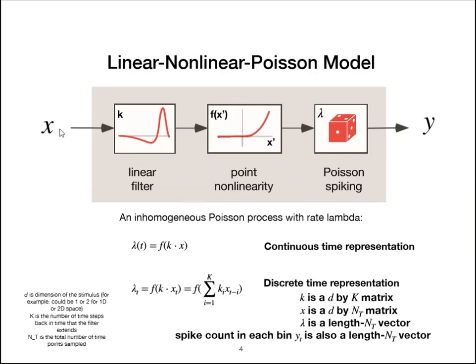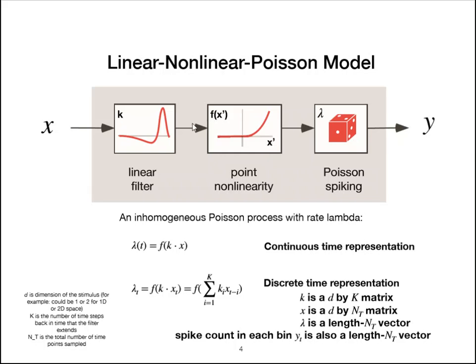Once the input stimulus goes in, we have the linear filter, which we'll call K. The output here will be K times X because it's the linear filter. Then Kx goes into the point nonlinearity, which is basically a nonlinear function.